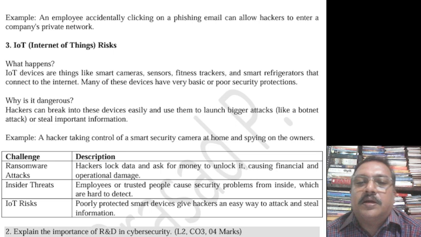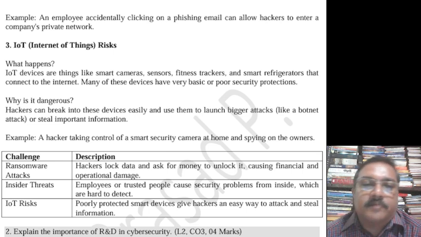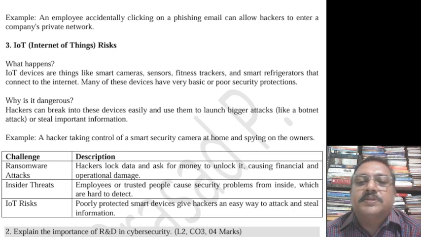These devices don't have proper security protections, or only very basic security protection, and hackers can use these devices very easily to launch a bigger attack, like a botnet attack, or they can steal important information.